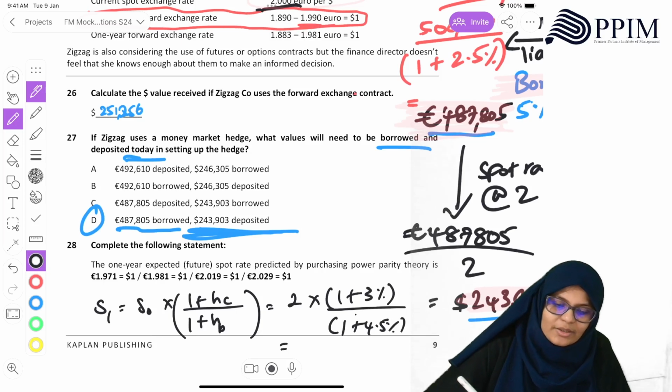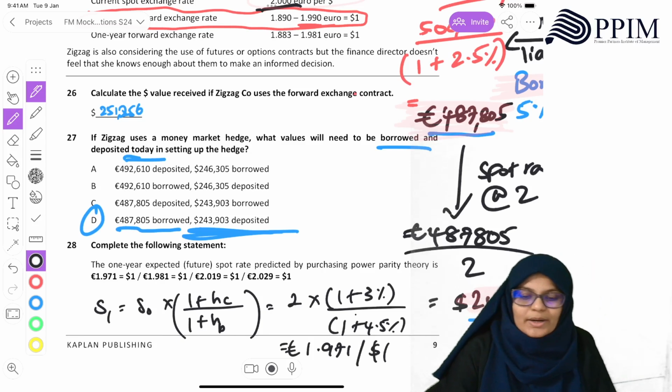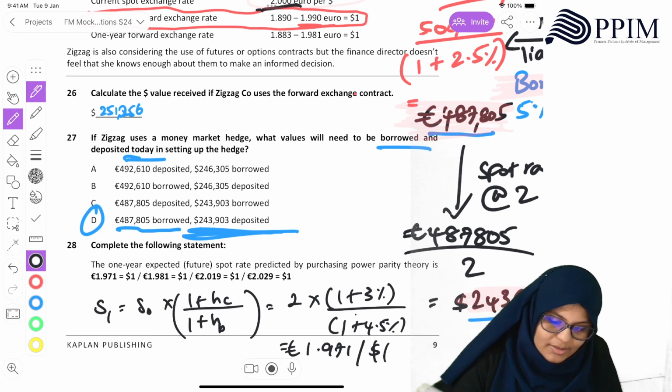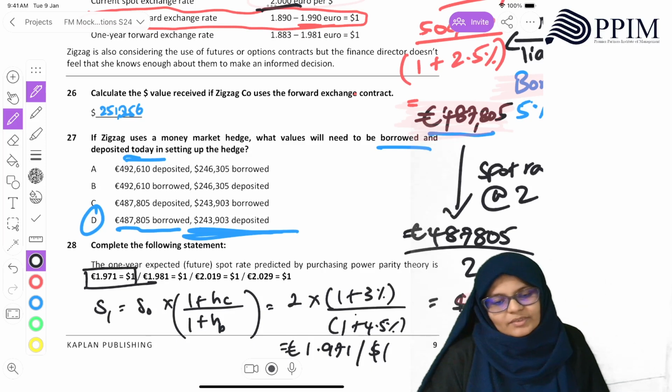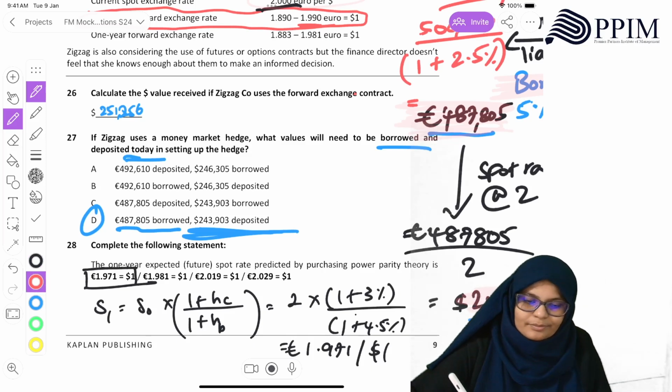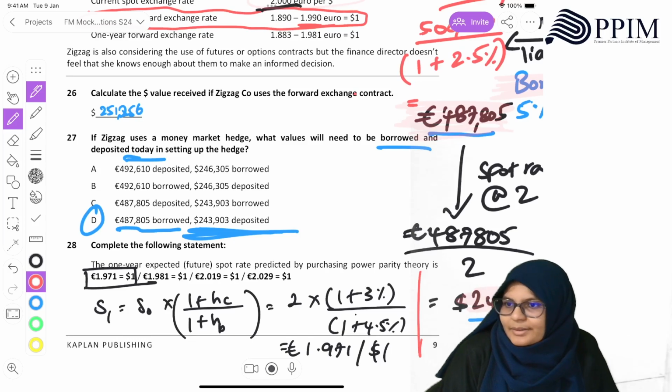So if you put that, you will get the future spot rate, which will be 1.971 to the dollar. So 1.971 euros will give you $1. Do we have that answer? Yeah, here. Okay, that was straightforward. It's a normal purchasing power parity theory.